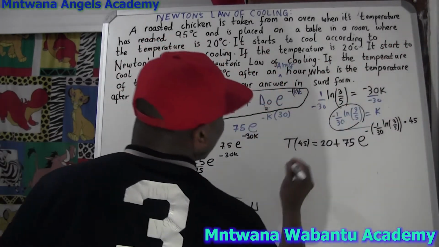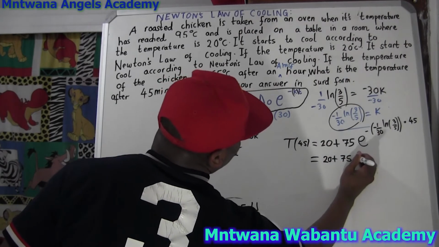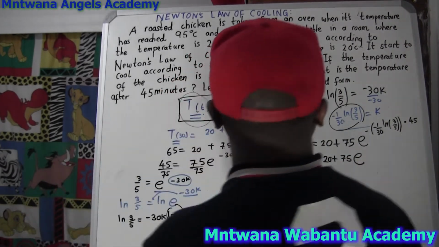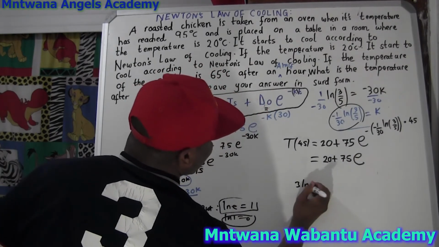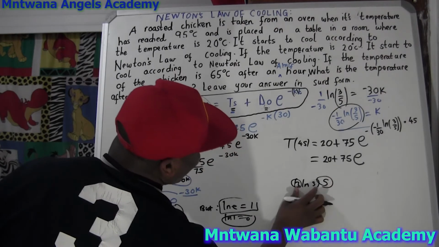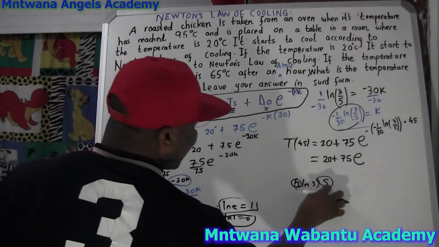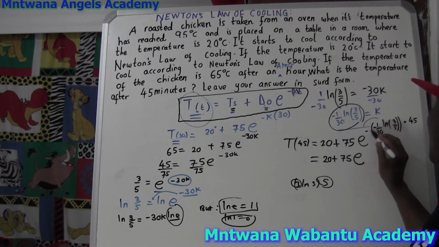Now let's simplify. The question is easy. So this is going to be 20 plus 75 e. So if somebody gives us, say, 3 ln, 3 times 5, you know what you do? Take a number, multiply by number. This ln, leave it. 3 times 5 equals 15. So I'm going to do the same thing. It's positive because negative, negative, positive.